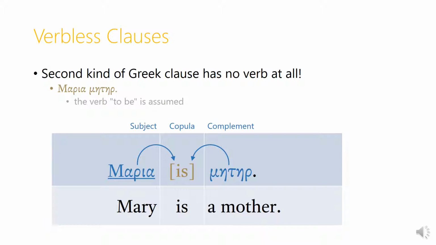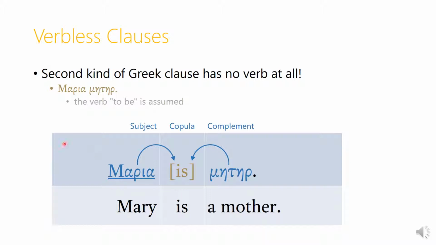In theory, it could be either one, but usually the subject of the verbless clause will be definite. In other words, it'll either have the definite article, or it'll be a proper noun, which is implicitly definite. And Maria, in this case, is a proper noun. So probably that's the subject of the verbless clause.